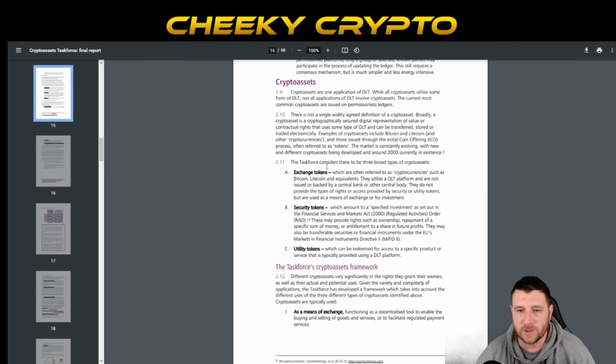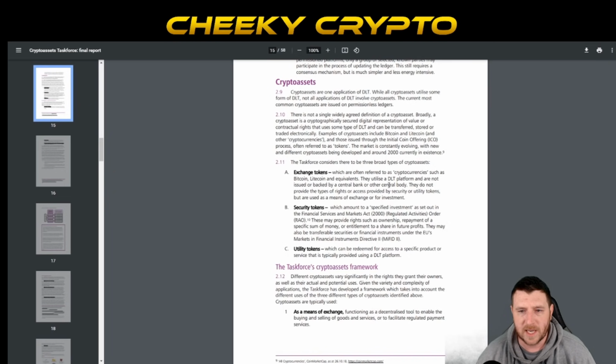The task force considers there to be 3 broad types of crypto asset, right? So this is important to get your head around, right? So in the UK, there's only 3 types of crypto asset according to the FCA. Exchange tokens, right? So listen up, which are often referred to as cryptocurrencies, such as Bitcoin, Litecoin, and equivalents.